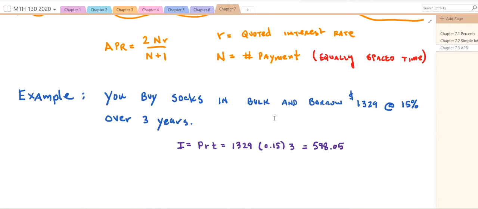It's not necessary to calculate our annual percentage rate, but I just want to show it as a demonstration. So interest equals principal times rate times time. So we pulled our values from the problem in here, and you end up owing $598.05 to the bank.